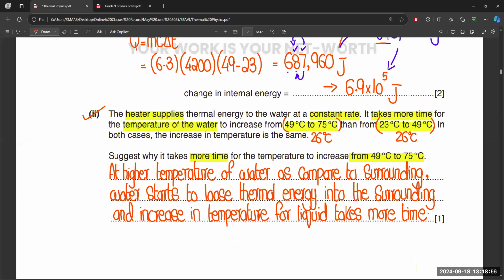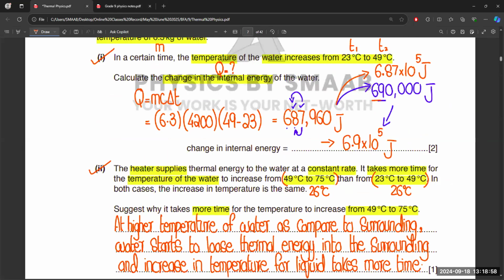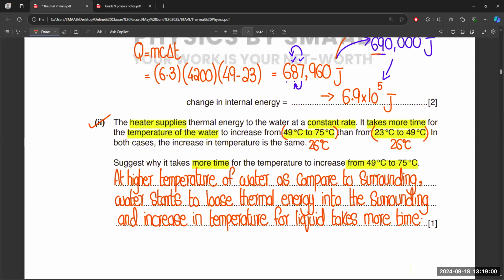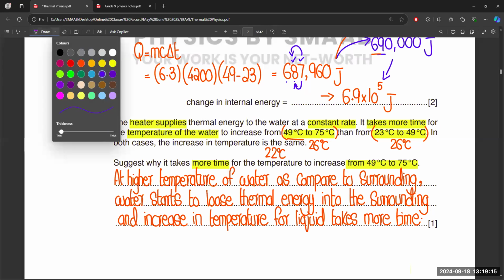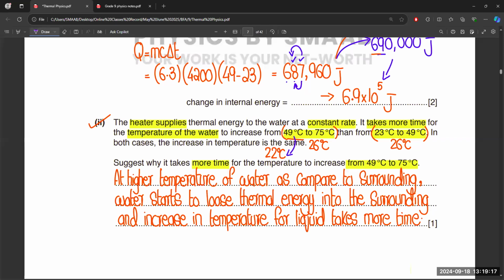So 49 degrees is hot enough as compared to our surrounding, because in our surrounding this is not a normal temperature. Let's suppose your surrounding temperature is 22 degrees Celsius, so you can see there is a very large difference. And definitely heat always transfers from 49 degrees Celsius to 22 degrees Celsius.